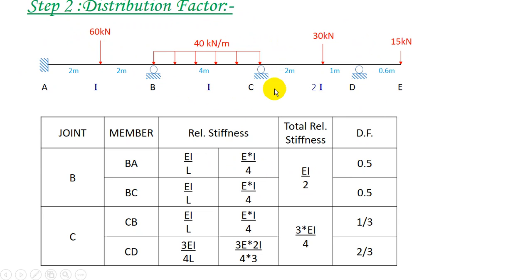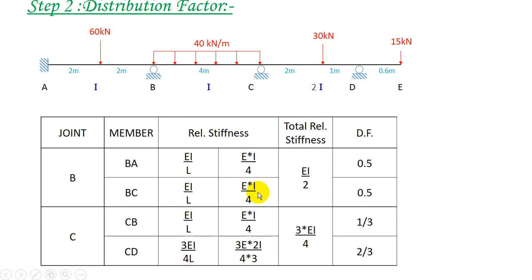So since C is fixed, it is EI by L. CB: B is the far end and B is fixed, so CB is again EI by L. And CD, since D is the far end for CD and D is a pin joint, the relative stiffness is 3 by 4 EI by L.